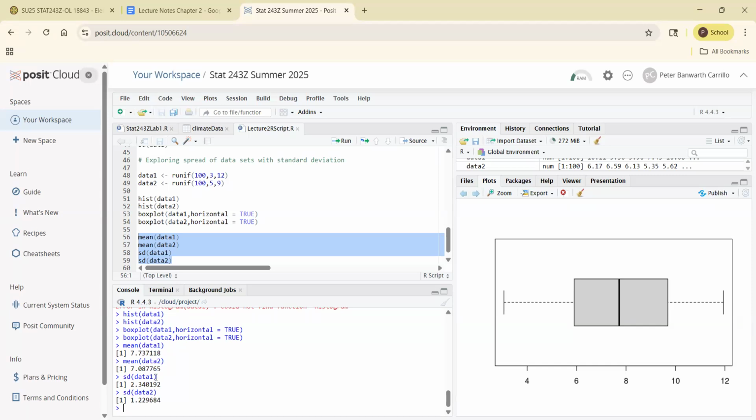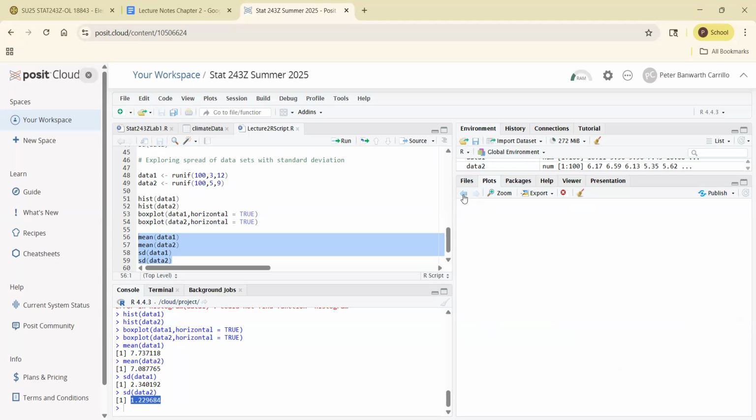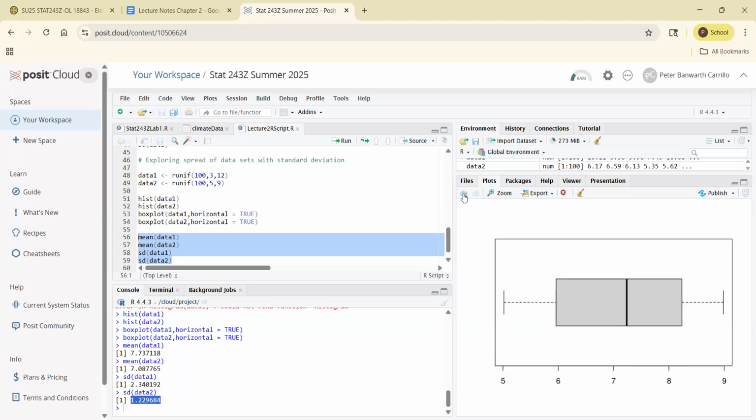But the standard deviation of my data 1 set, 2.3, is about twice as big as the standard deviation of my data 2 set. So data 1 is spread out more than data 2. That's the first use of standard deviation, is to compare which data sets are spread out more.